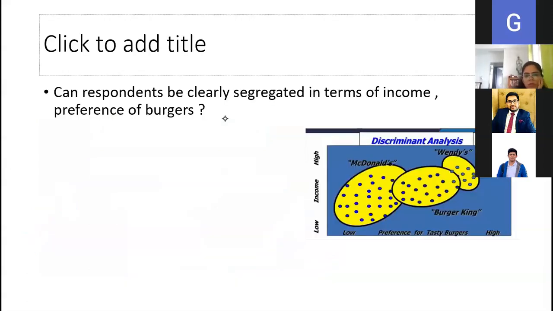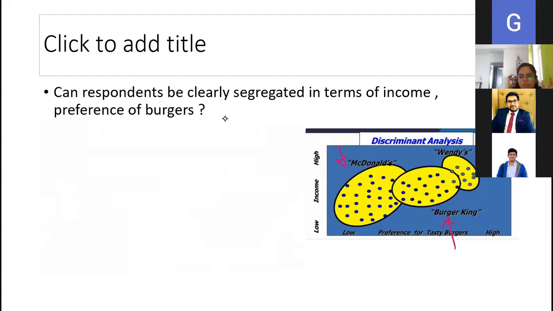Okay. So can respondents be clearly segregated in terms of income and preference of burgers? So it's just a graphical representation. I have respondents. Some are customers of Wendy's, some are customers of Burger King, and some are customers of McDonald's. Okay.